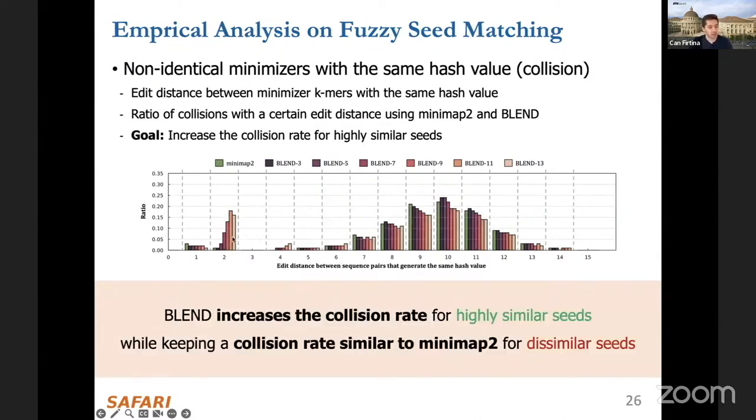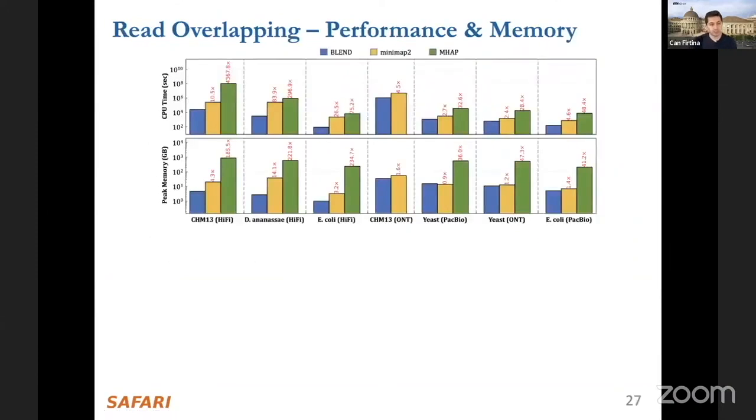This is essentially our observation: BLEND increases the collision rate for highly similar seeds, while keeping the collision rate similar to Minimap2 for dissimilar seeds. So we're selectively increasing the collision rate for highly similar seeds.